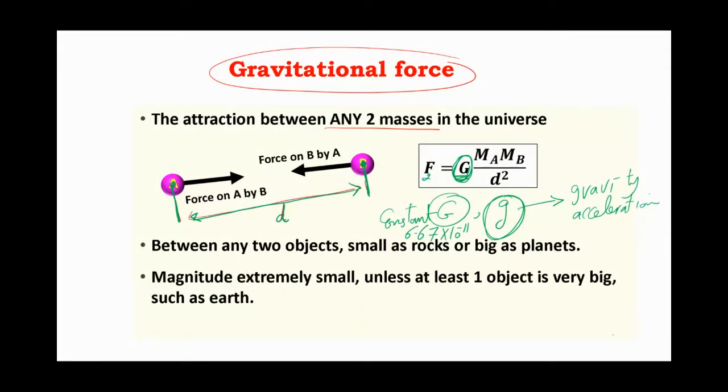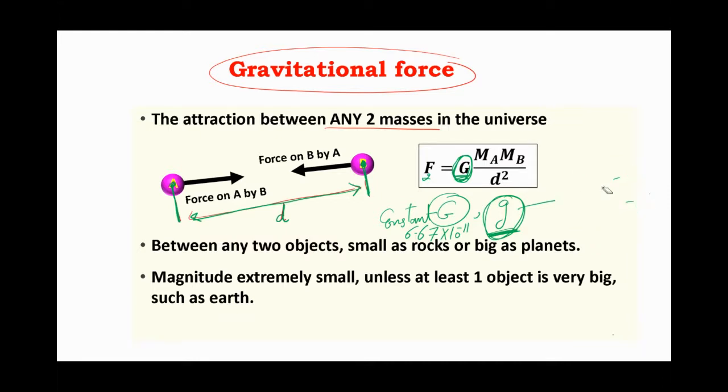Okay, the big G is a constant. The small g is a symbol for gravity field intensity or the gravity acceleration. Like on the surface of the Earth, the acceleration is 9.8 meter per second square. Okay, or Newton per kilogram, by the way, they are equivalent.